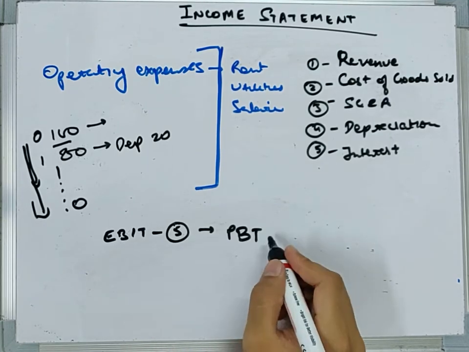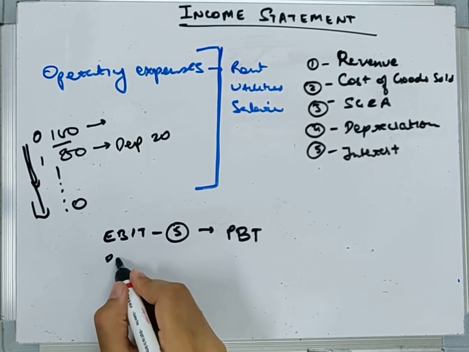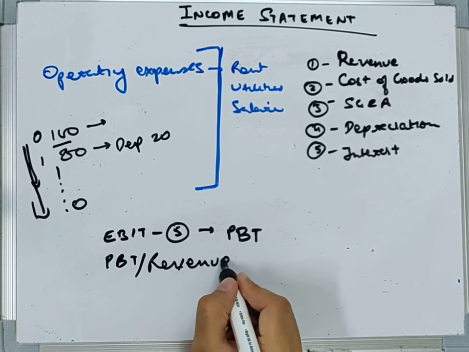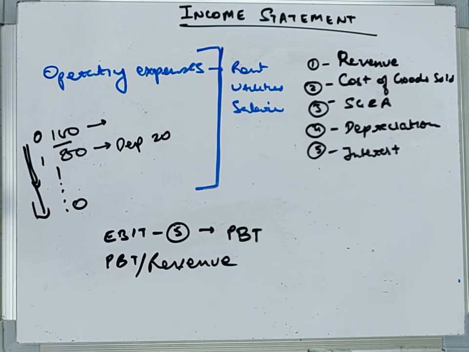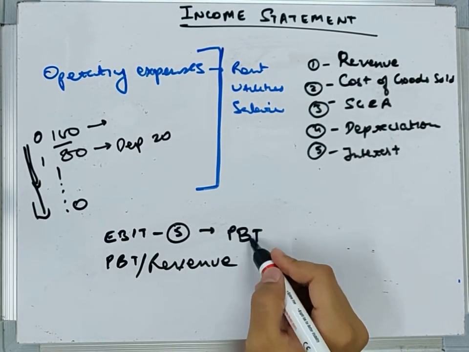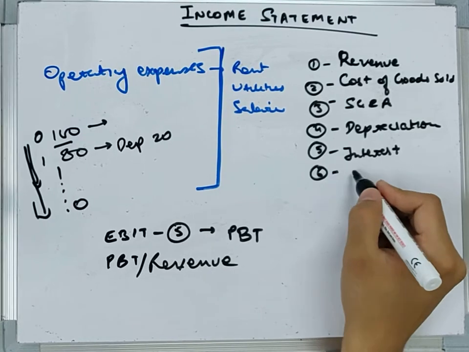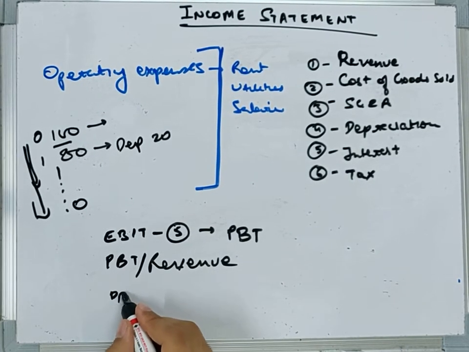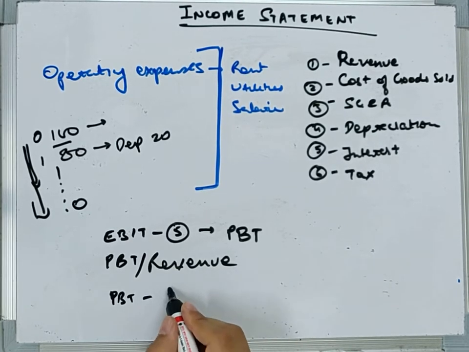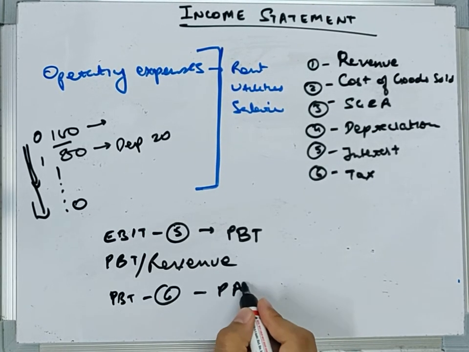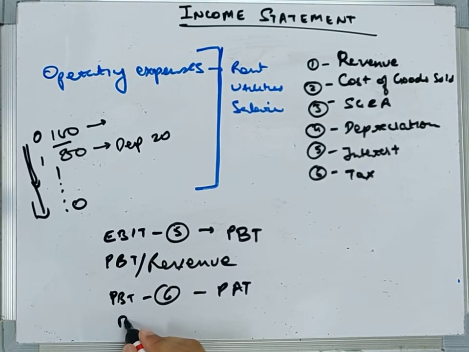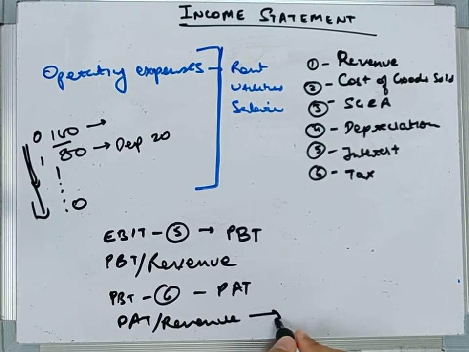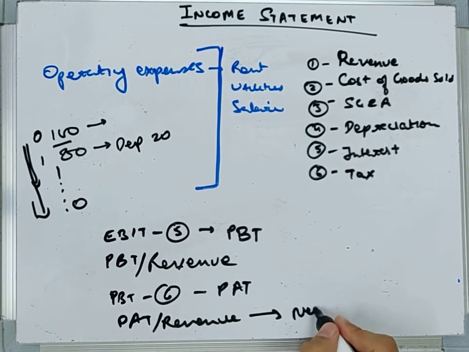If we have to calculate the margin, it will be PBT upon revenue. And the last item, as we can understand, is tax. After tax, we subtract tax from PBT, it gives you PAT, and the final is your bottom line, which is your net profit margin.